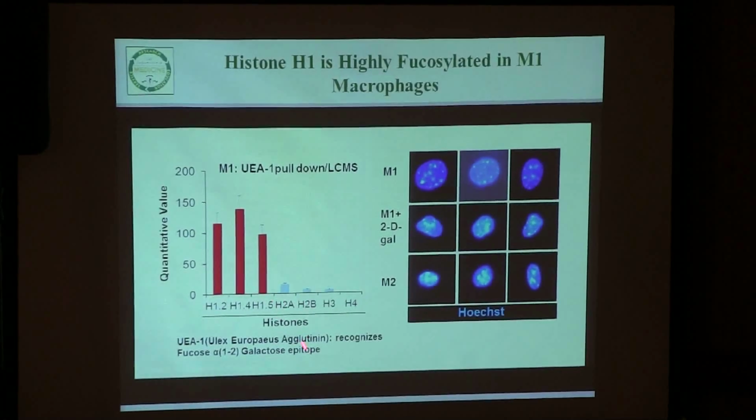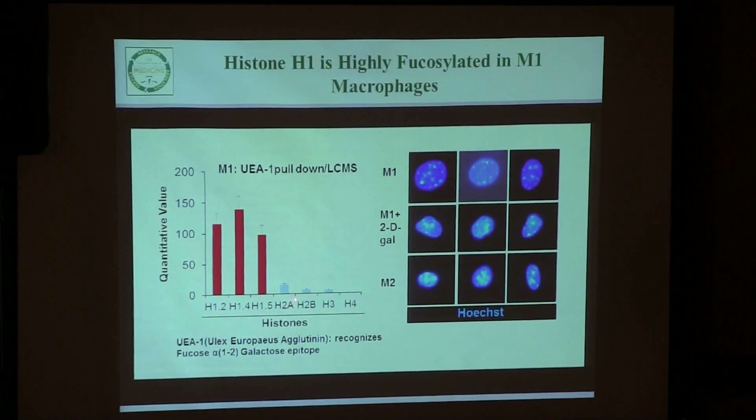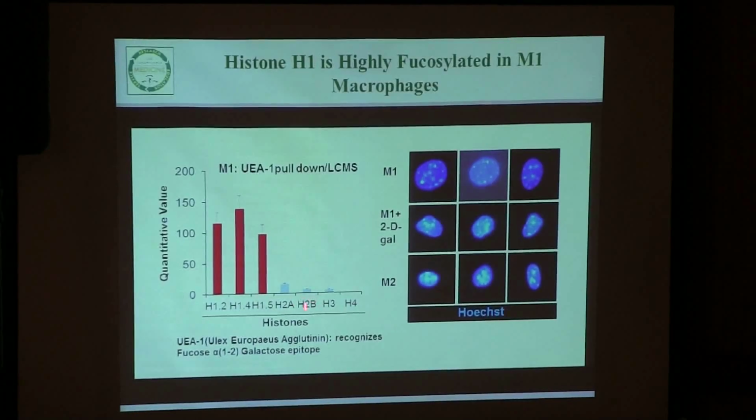It's supposed to not be highly fucosylated. On the other hand, the core histones H2A, H2B, H3, and H4 are not fucosylated.